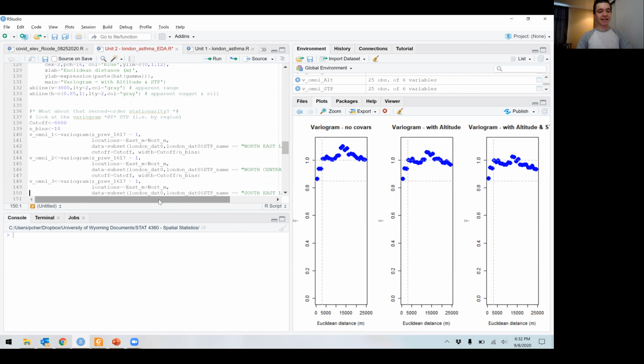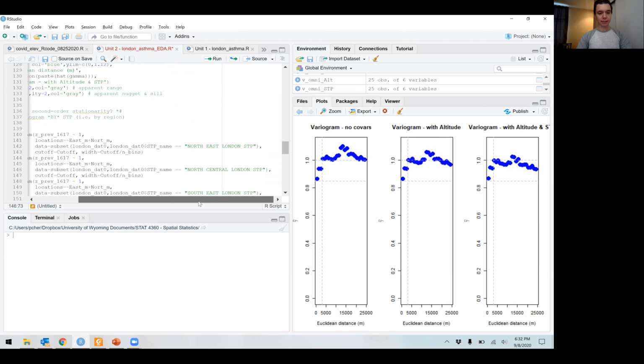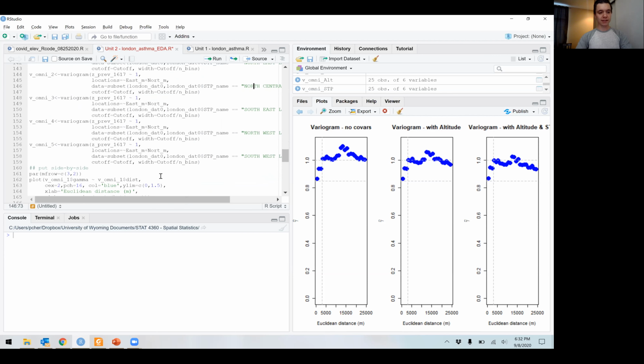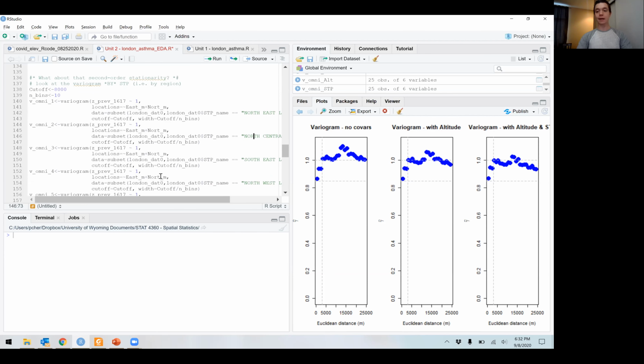Down here, I make a second variogram where I take North Central London, so on and so forth until I get 5 different variograms. The other thing that you should see is I'm using no covariates because I want to examine as quote unquote pure a spatial correlation as possible and how that varies by region.